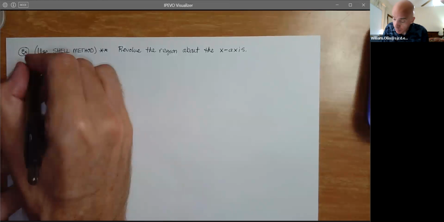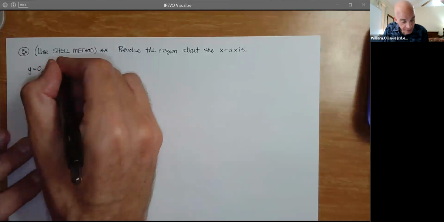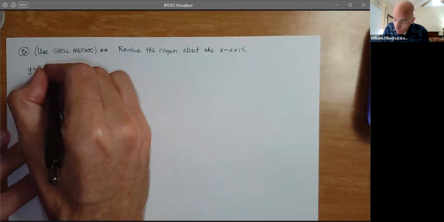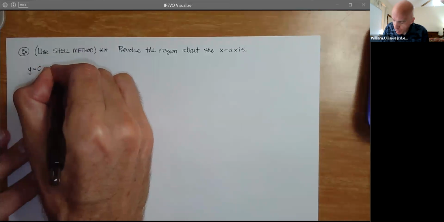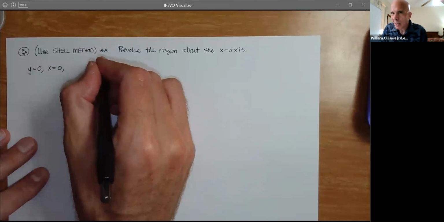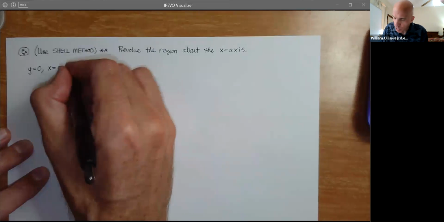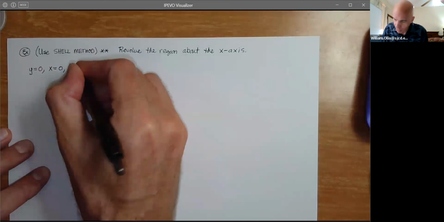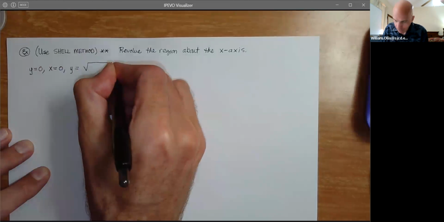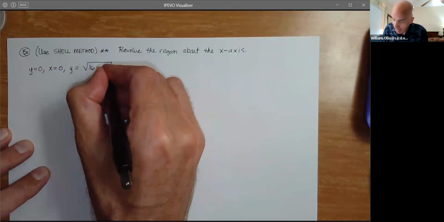Again, we will define it: y equals 0, the x-axis, x equals 0. I kind of changed this up a little bit from the WebAssign because they gave you a picture. They didn't give you the actual curves the way I like to do it. So I changed it a little bit. And y equals the square root of 16 minus x.